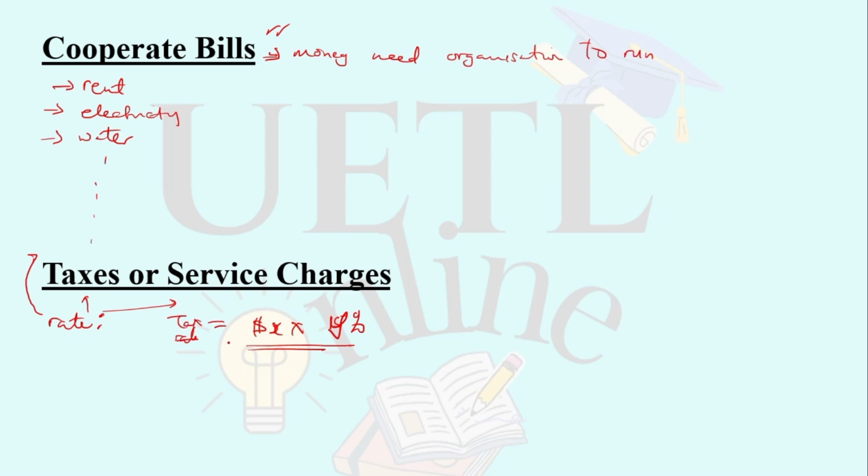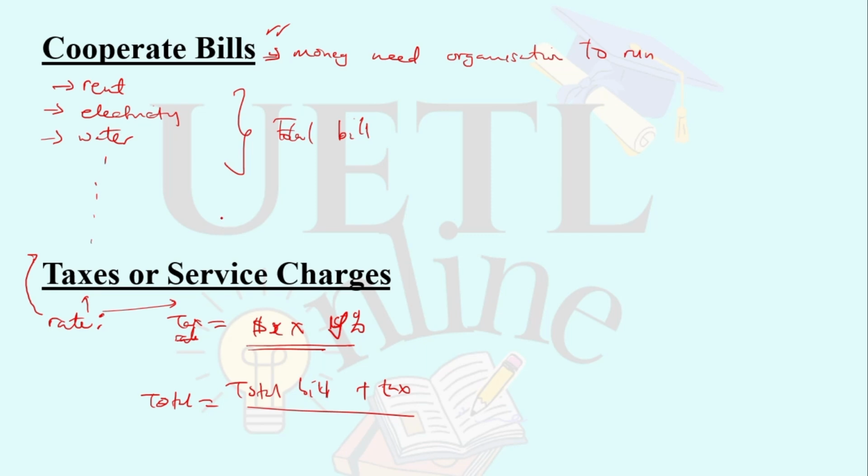So to find the total money you're going to pay, it becomes the total bill plus tax. We're going to do an example on this.